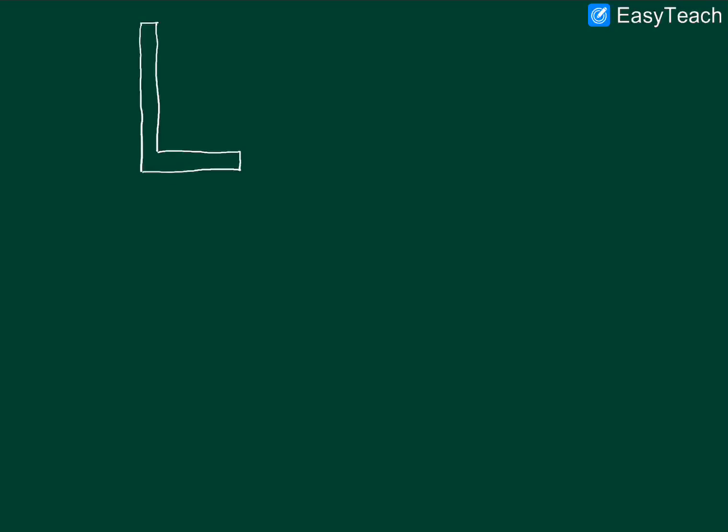So what we do is we take an imaginary cut through here, and then we say that this L section is composed of this rectangle and this rectangle.